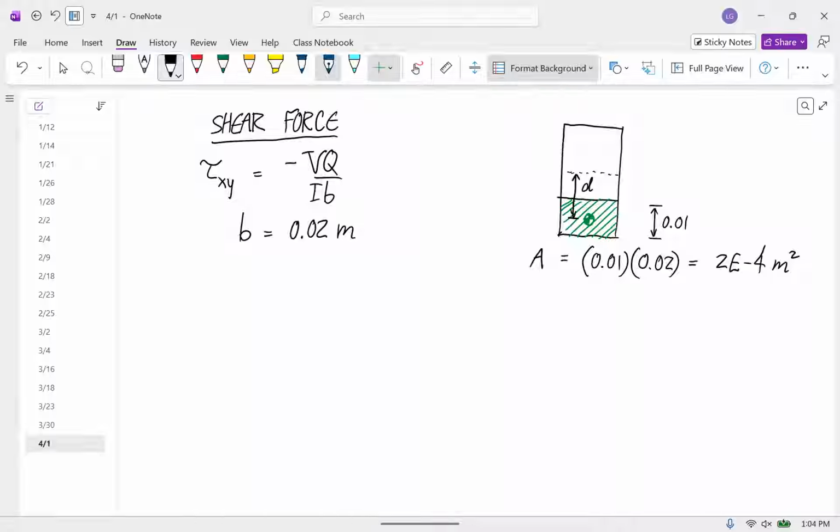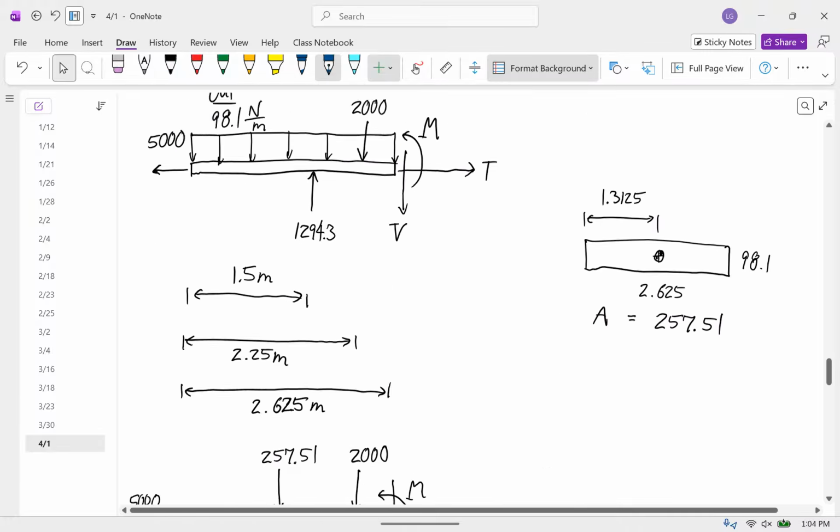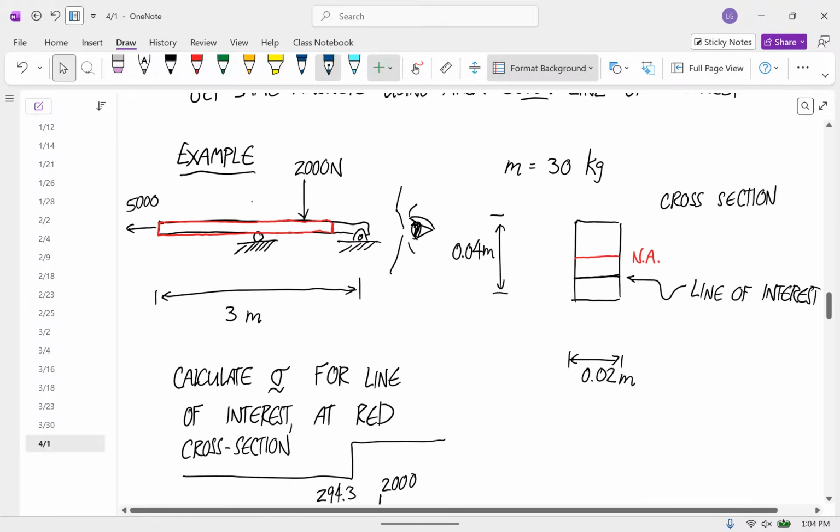You with me on that? How did you know that? Well, the height of the whole thing is 0.04. So half of that is 0.02. And this is half of that half, so 0.01. Yeah, the width of 0.02 is given in the statement of the problem.